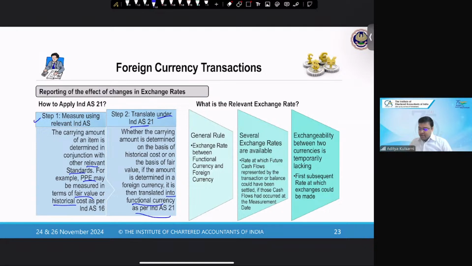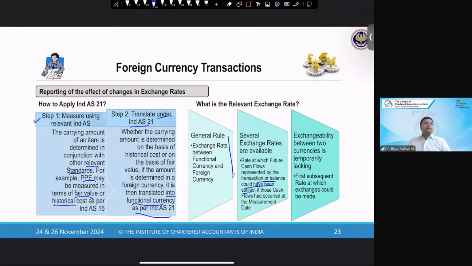Use the relevant exchange rate between functional currency and foreign currency. That is the first thing. When several exchange rates are available, use the rate at which future cash flows represented by the transaction or balance could have been settled if those cash flows had occurred at the measurement date.